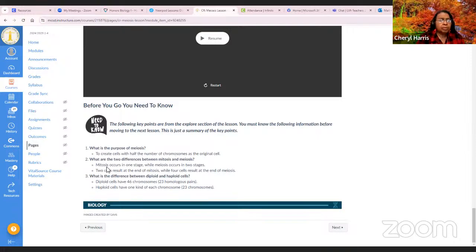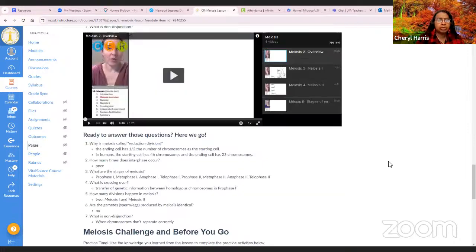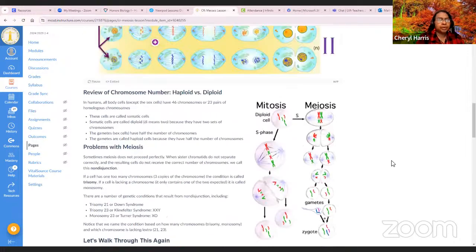With meiosis, we're going to remember that all the stages happen twice. You still have to remember PMAT, which is prophase, metaphase, anaphase, and telophase.